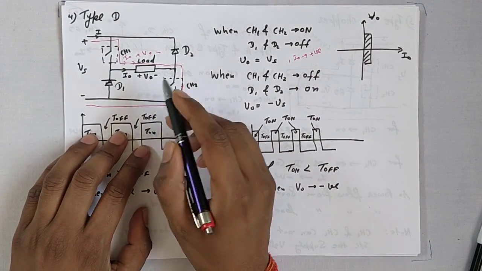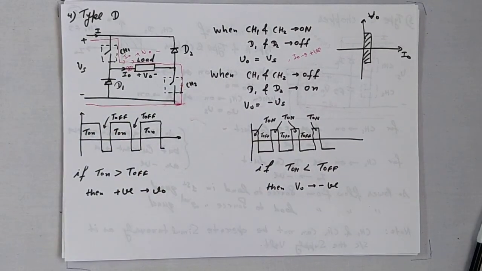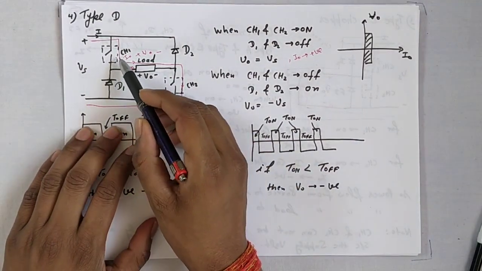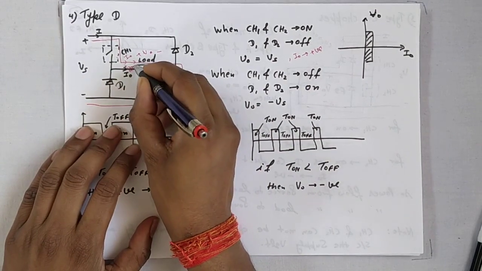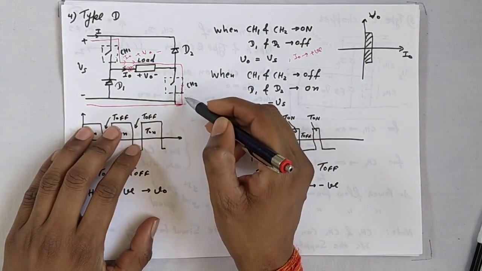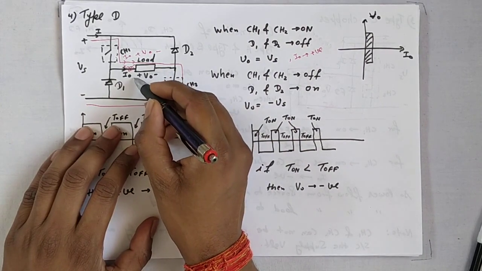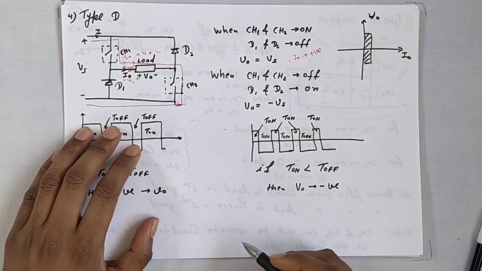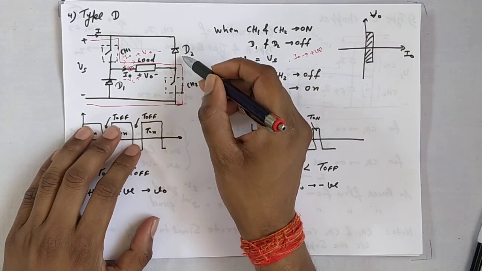Now suppose the load has an inductor, connected in this manner. What happens when you switch off CH1 and CH2? This inductor was charged with this polarity. When you switch off CH1 and CH2, the stored energy of the inductor will be delivered in the circuit in this polarity. So D1 and D2 get turned on.